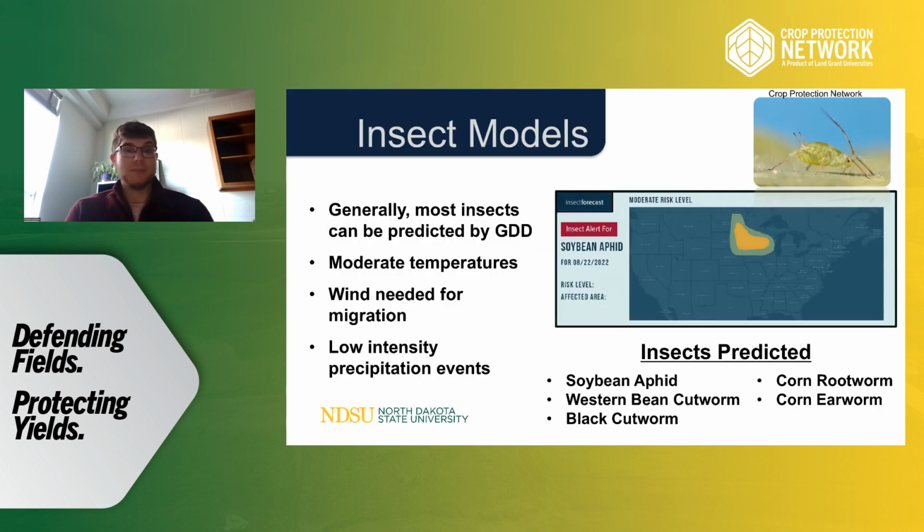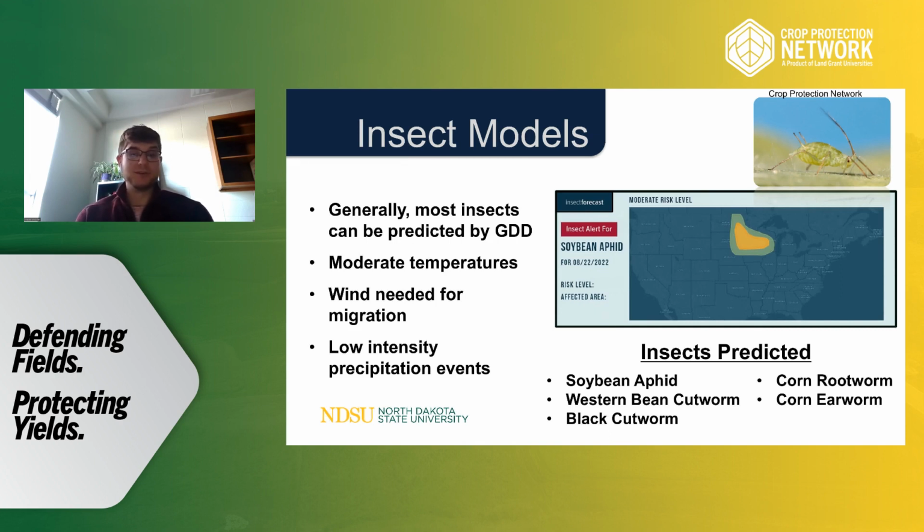Then moving into a pest standpoint for insects, insects are generally fairly similar in their response to the environment. Insects can be modeled quite well using simple growing degree days, but generally they respond to moderate temperatures. Many need wind events for long distance dispersal or migrations, and then low intensity precipitation events.